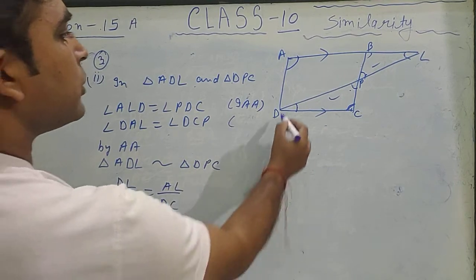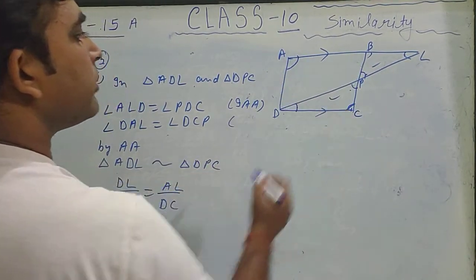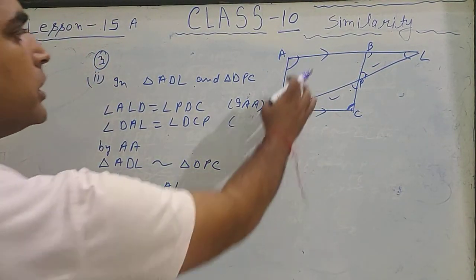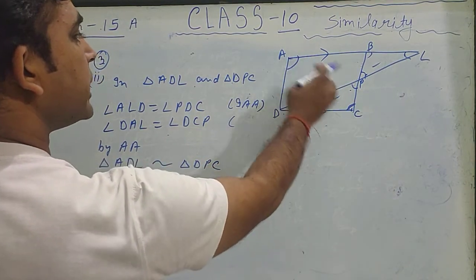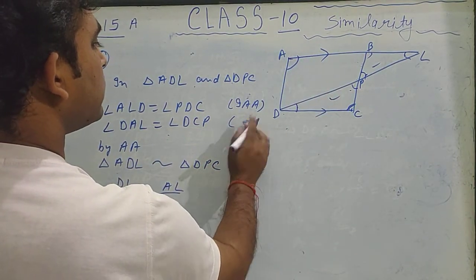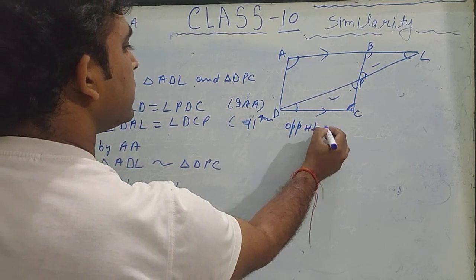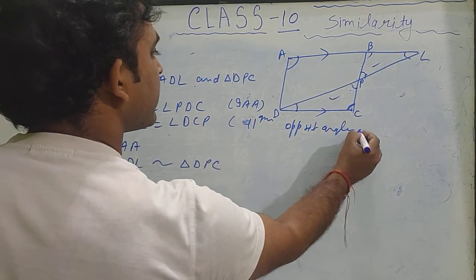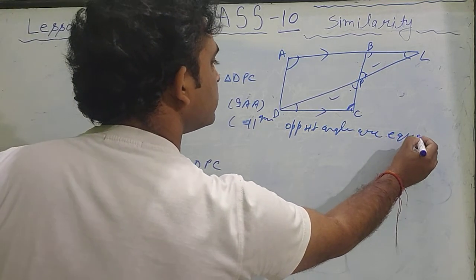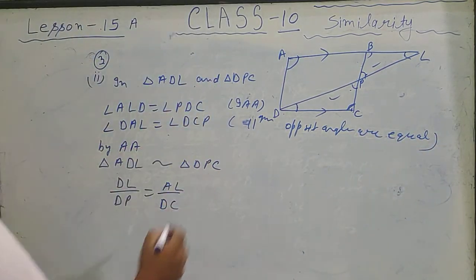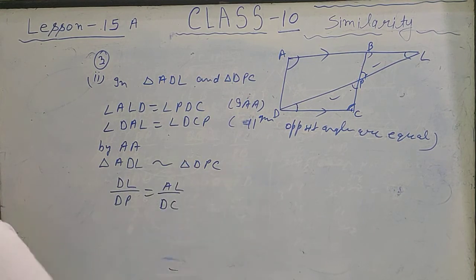Why? Because it is a parallelogram, and in a parallelogram opposite angles are equal. So by angle criteria, both triangles are similar to each other.